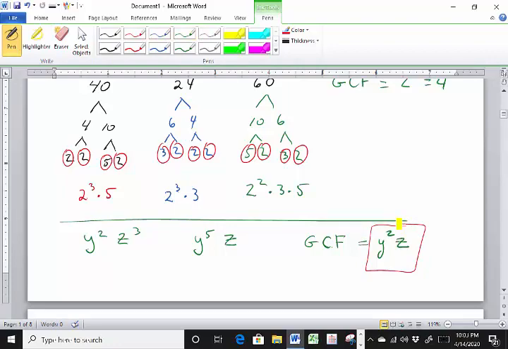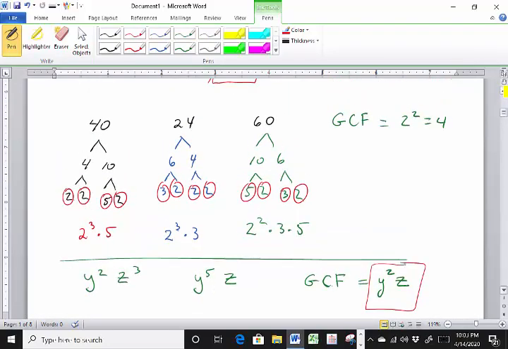Okay, so I'm going to use these three numbers on the next example, but I'm going to throw in some variables here.